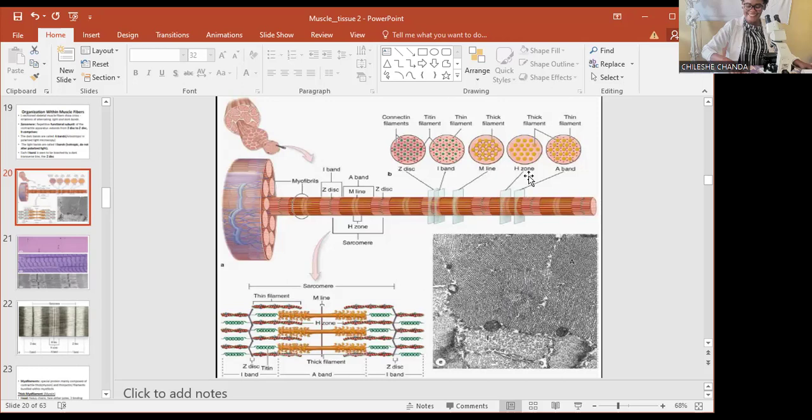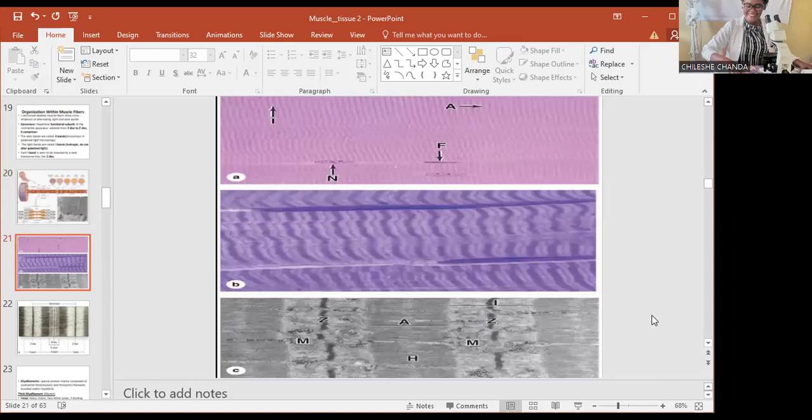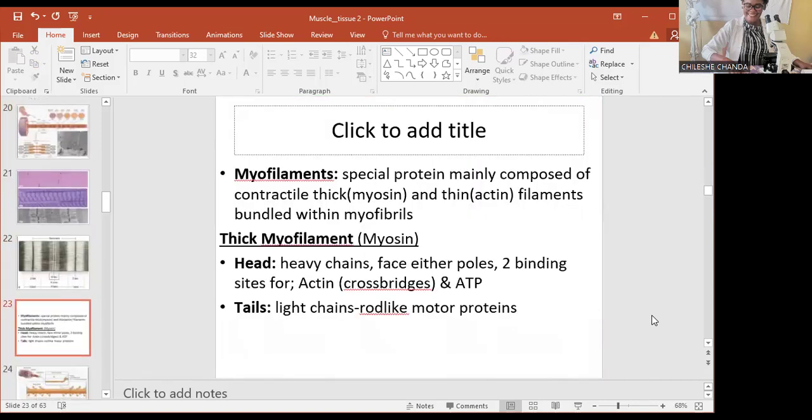Just like that, when you cut this one at the H zone, you're also going to see these thick filaments. And when you cut it at the A band where there's a mixture of thick and thin filaments, you're going to see thick filaments and thin filaments over there. So that is what the arrangement within the muscle cell looks like.